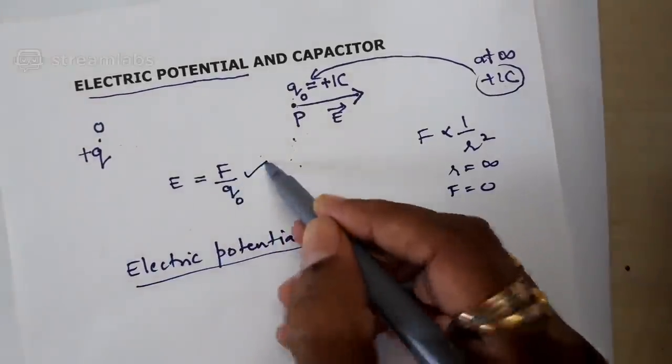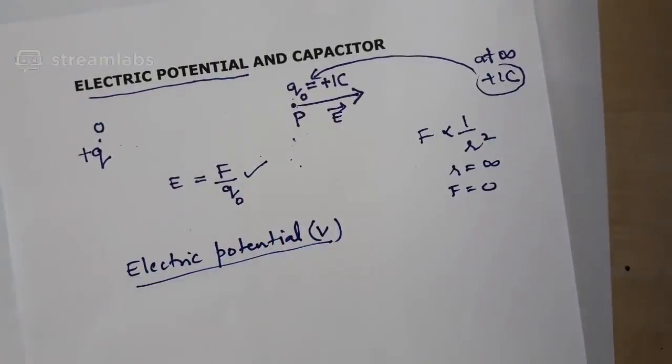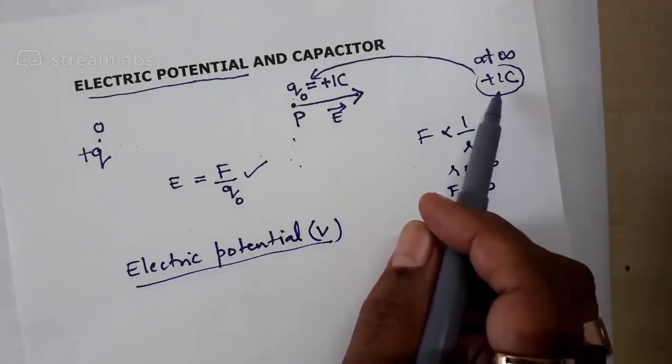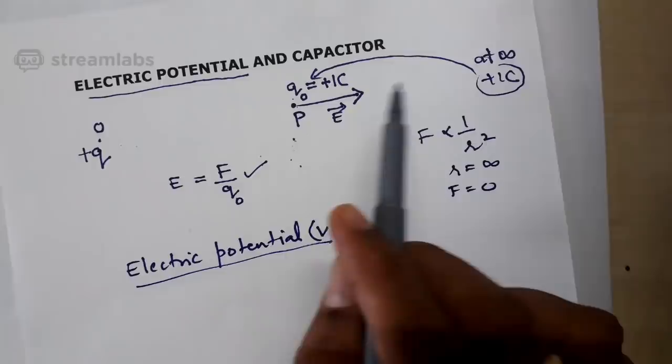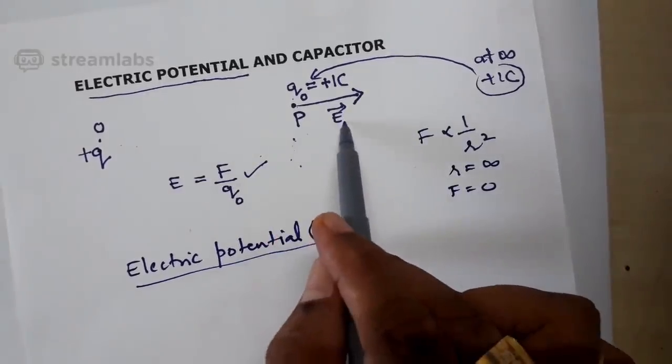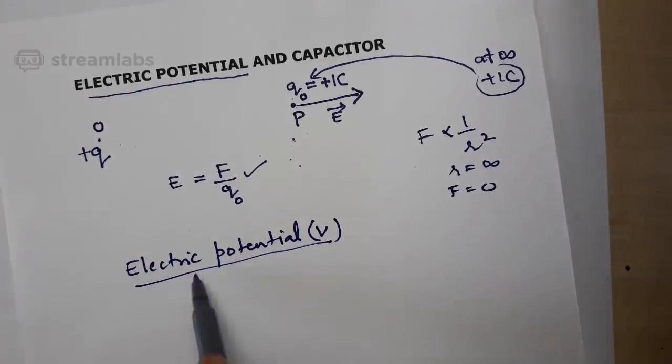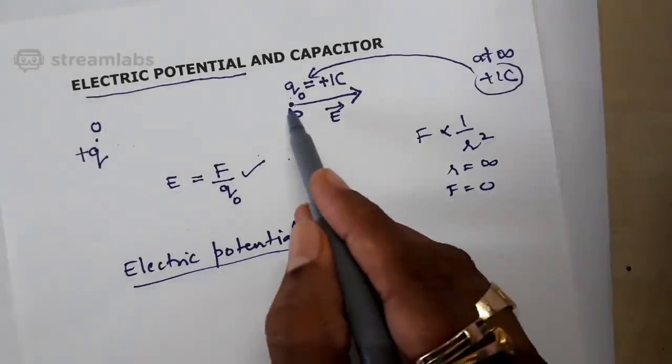Whereas this concept of electric intensity is familiar to you, this is electric potential, which is one of the physical quantities in electrostatics. That is our point of discussion. I said, whatever the amount of work done in moving a plus 1 coulomb charge from infinity to a point under consideration against the electric field, that is a measure of electric potential at that point.